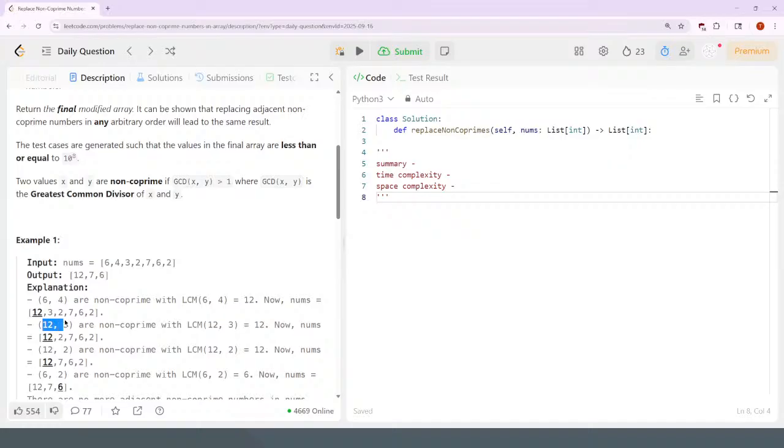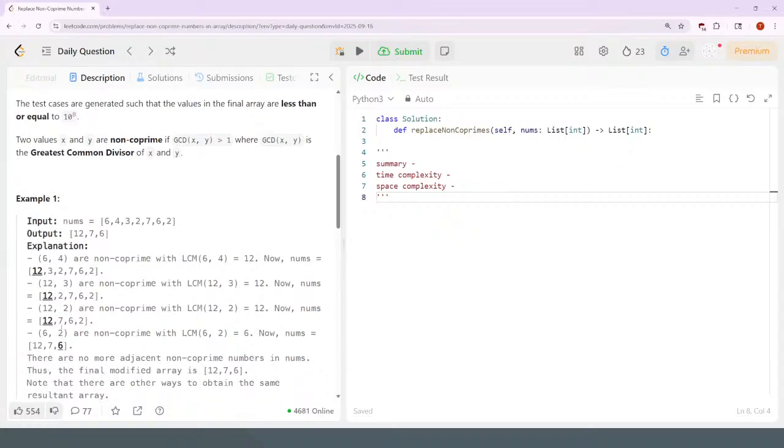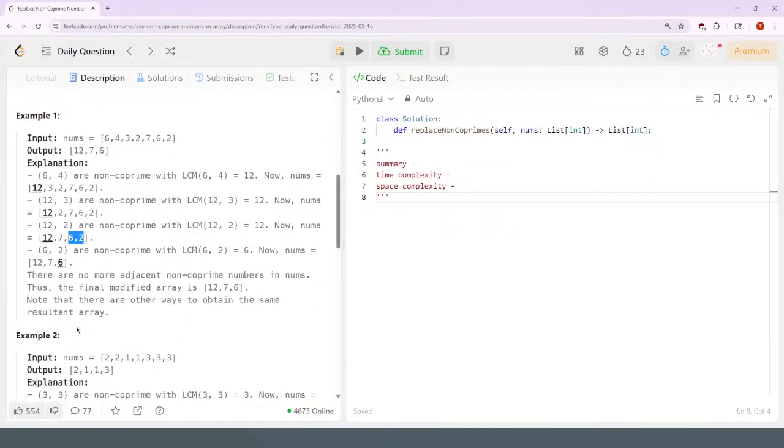So lowest common multiple that is also 12. Same thing with 12 and 2 is still 12. 12 and 7 are coprime. So the next 7 and 6 aren't non-coprime. 6 and 2 becomes 6. Interesting.